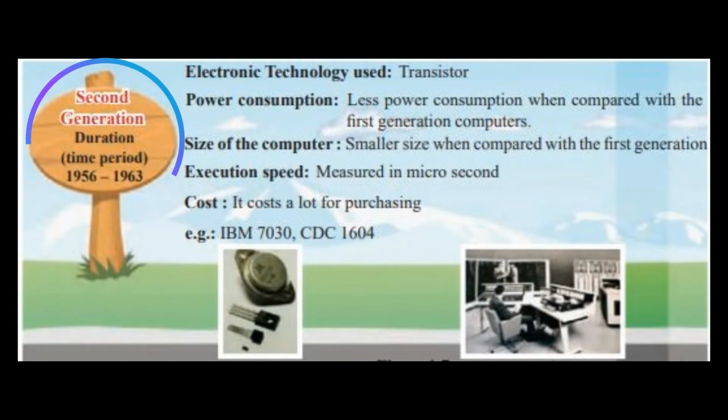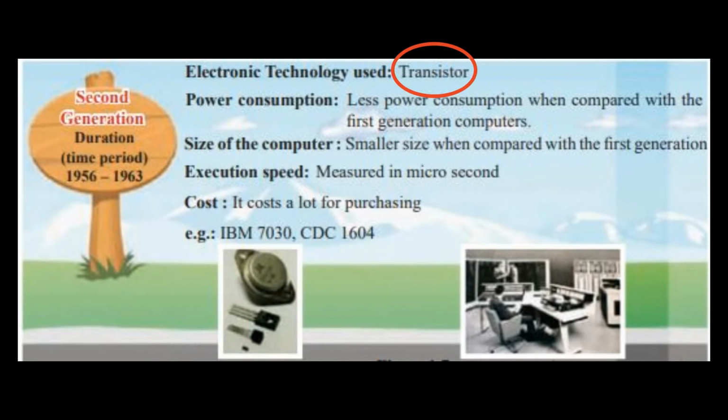The next generation is the second generation, and the duration time period is 1956 to 1963. The electronic technology used was transistors.